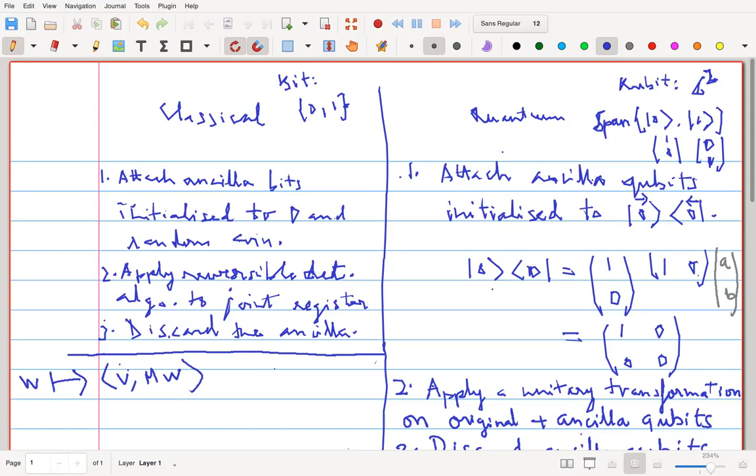This is a linear map. And if it's a linear map, then this should be expressible as bra of something, and you can check that. That something will be the conjugate transpose of the matrix M, which I'm again calling M dagger.